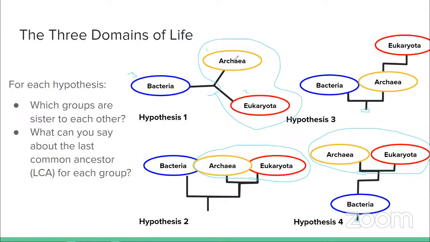Since we are looking at that one, okay, what do you think this would imply about the last common ancestor when we're looking at this hypothesis 1? What could you say about the last common ancestor of the group? If I were going to draw on a last common ancestor, where would I put it for hypothesis 1?